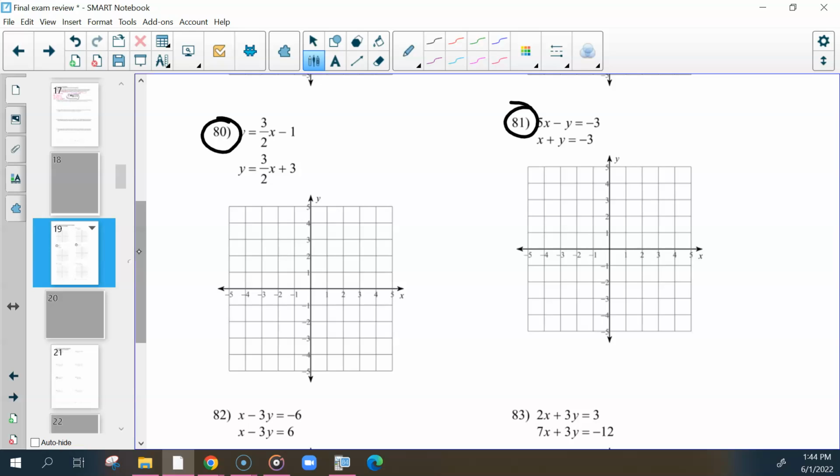These can have the same types of solutions as solving equations, so one, none, or infinitely many. So we're going to start graphing these. If I start graphing this first one, I have a y-intercept of -1. I'm going up 3 to the right 2 as many times as possible, and down 3 to the left 2 as many times as possible.